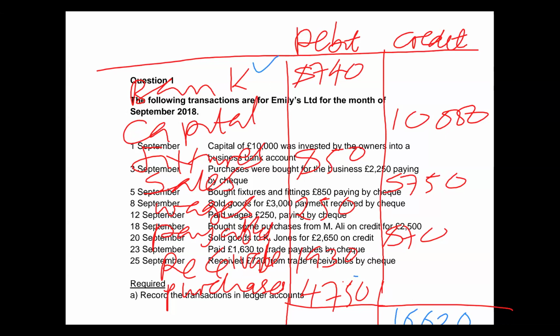Still gives me 16,520. Then 870 plus 5750 plus 10,000.